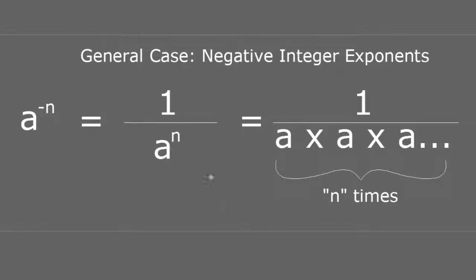So you just keep working on the denominator, and the result is going to be the same result that you had before with the positive exponents, only that it is now 1 divided by A multiplied by itself n amount of times. Remember, A is the base number and n is the value of the exponent.